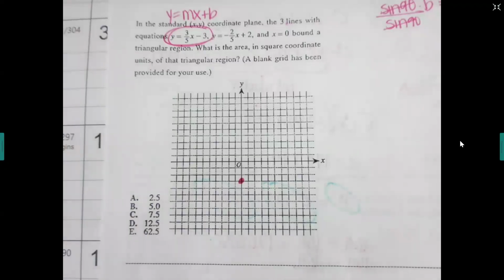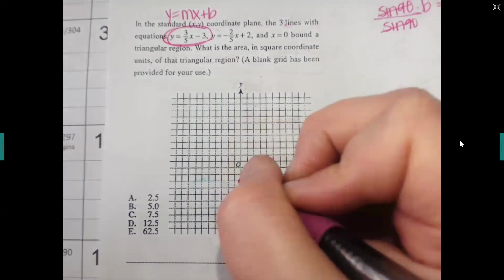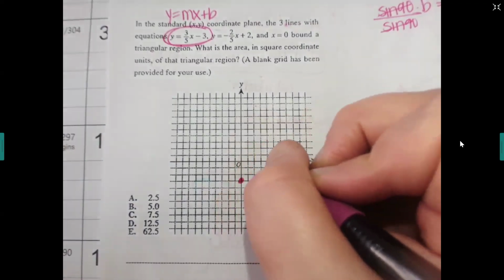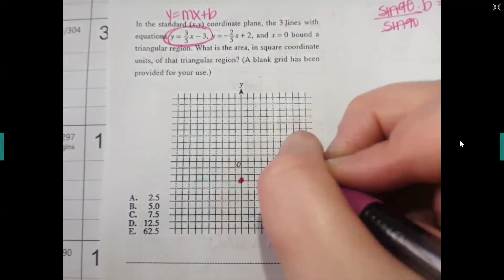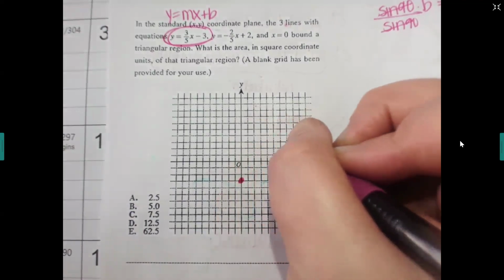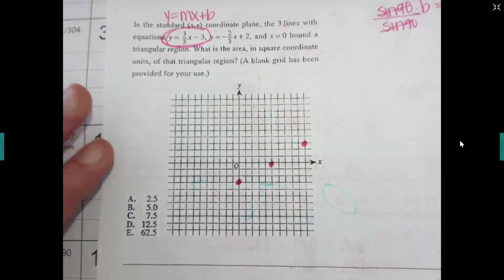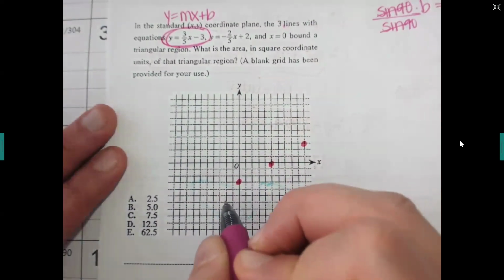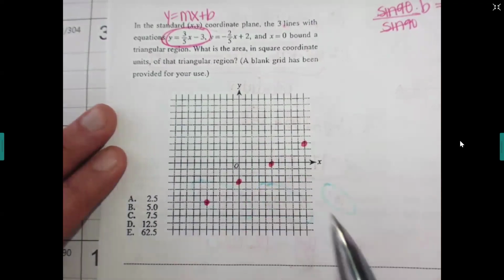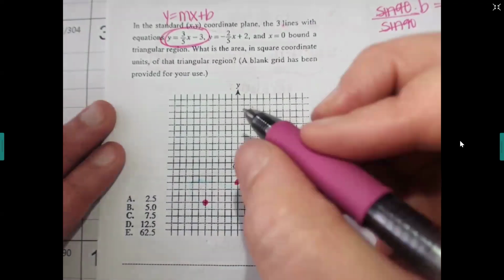So I'm gonna rise 3, run 5. Go up 1, 2, 3, then 1, 2, 3, 4, 5. And then that's good enough. Okay, there's my pink line.